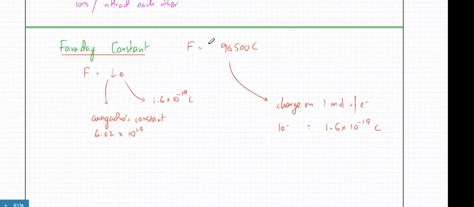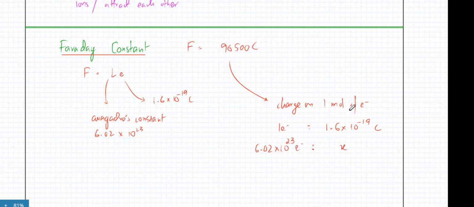So the Faraday constant is the charge on 1 mole of electrons. One electron has a charge of 1.6 times 10 to the power minus 19 coulombs. If you have 1 mole of electrons, how many electrons is that? That's 6.02 times 10 to the power 23 electrons, right? So how much charge would they have?